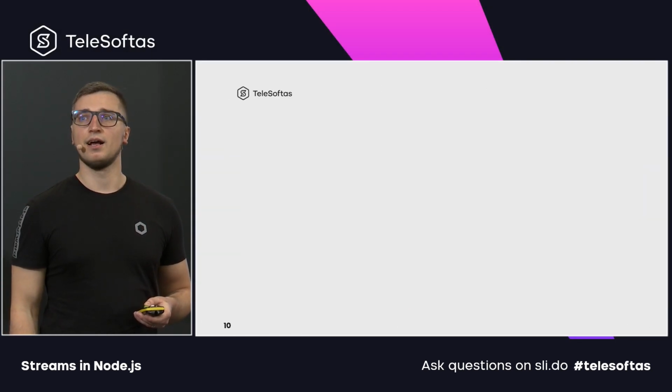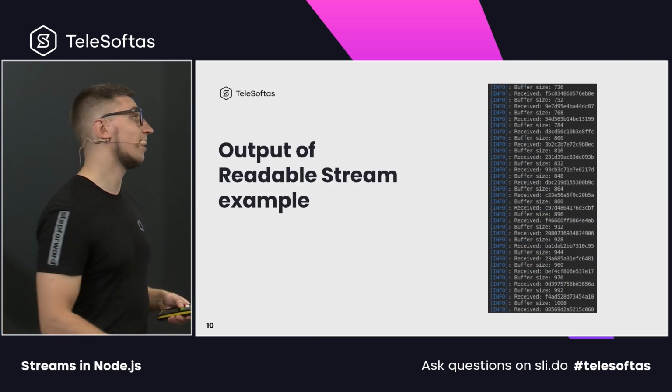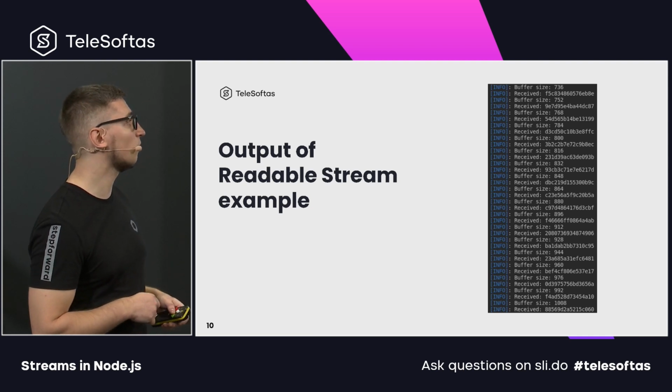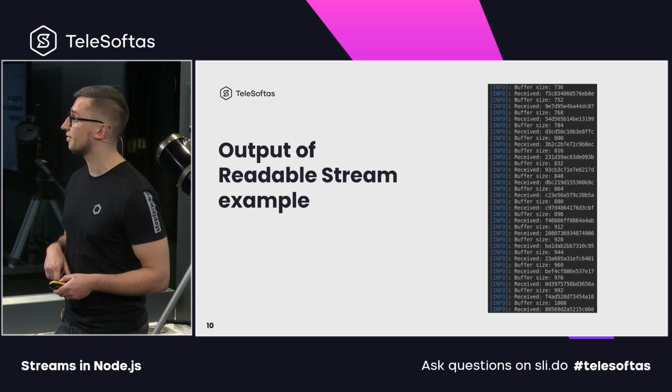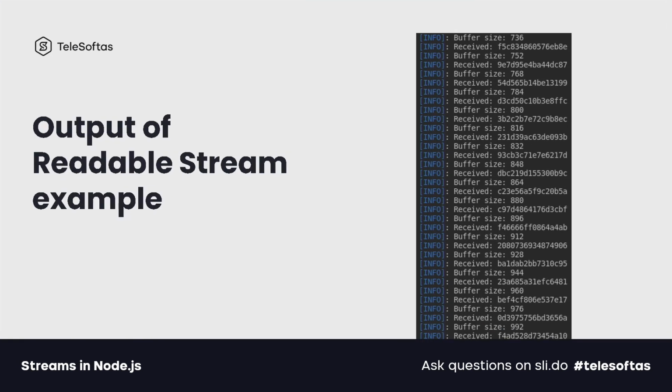So in this example, we are just generating random bytes, and we are converting those random bytes to hex. And if you are curious about the result, it's really fast. If you go through this example on your local machine, you could see that your terminal is going crazy. So what is being done? We are generating a random hex string of 8 bytes, reading that from a generator, and spitting the logs into our console.